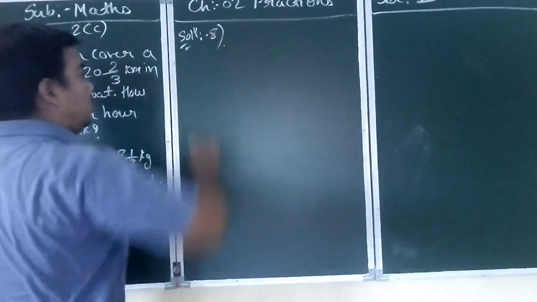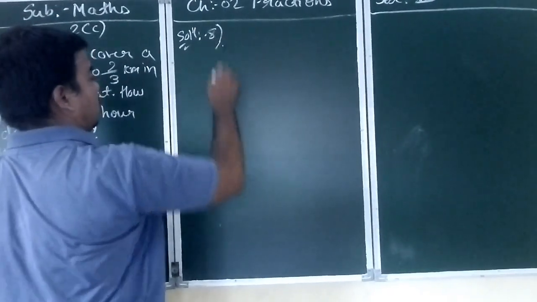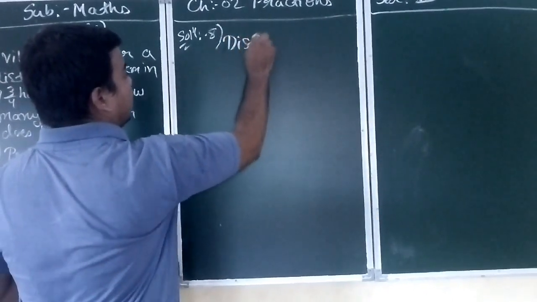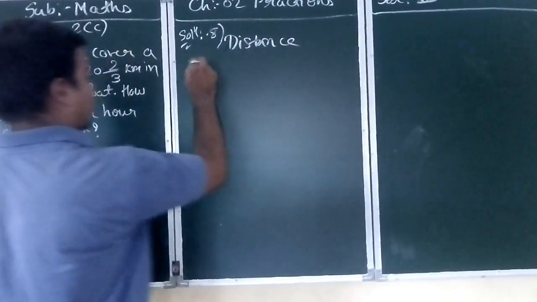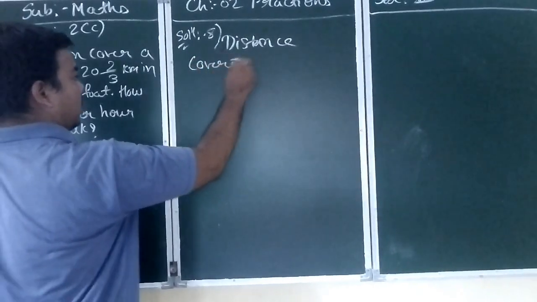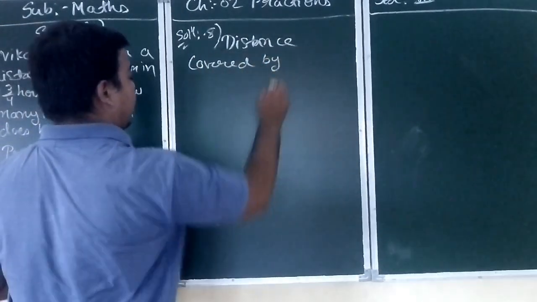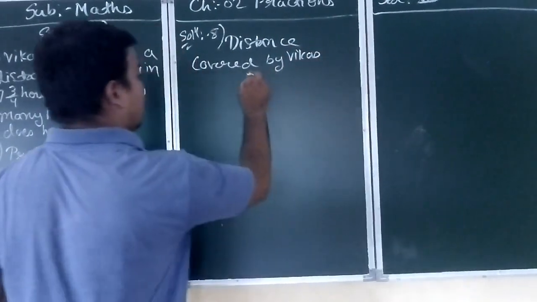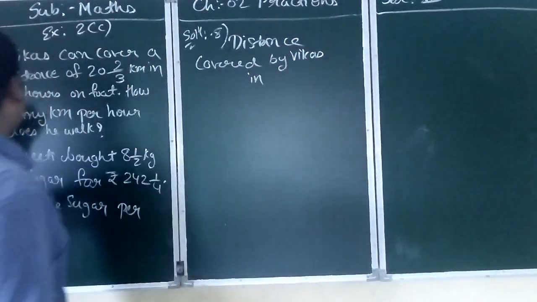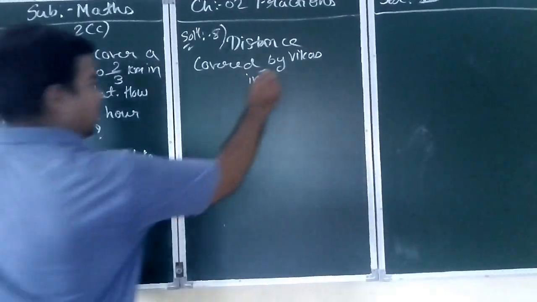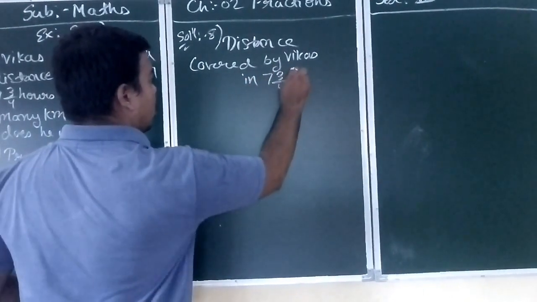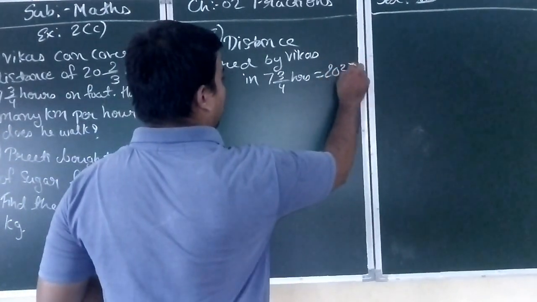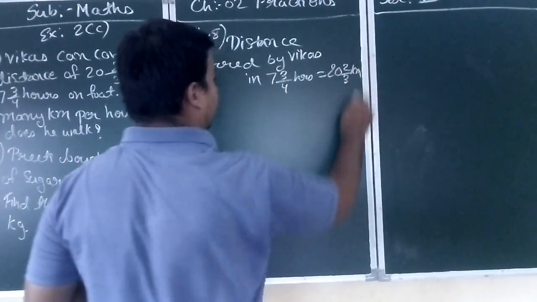So distance covered by Vikas in 7 3 by 4 hours is equal to 22 by 3 kilometer.